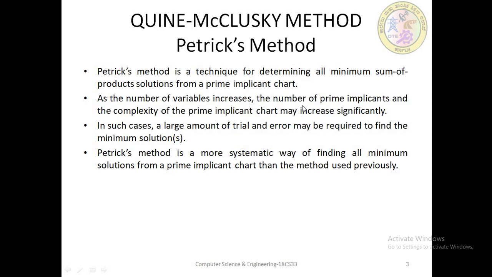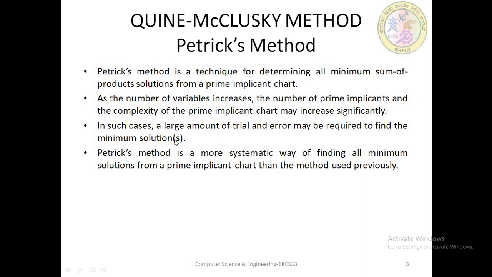As we already know with prime implicants, using K-maps, whenever the number of implicants increases, the effort to obtain the exact solution of the K-map also increases. In such cases, a large amount of trial and error may be required to find the minimum solution. That's true, right?